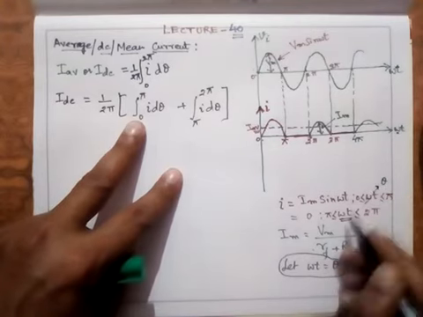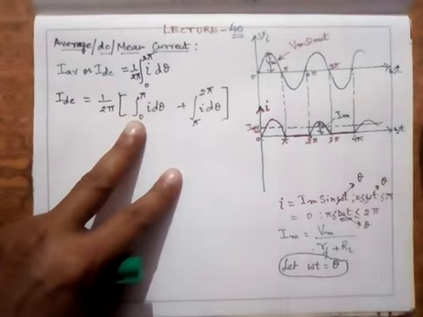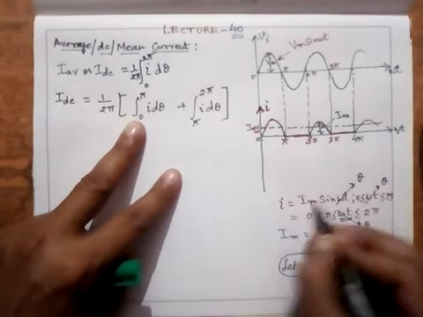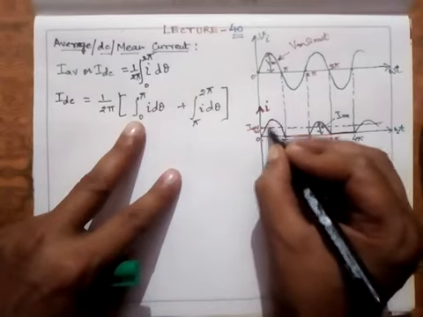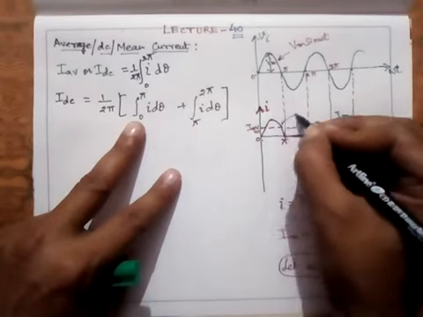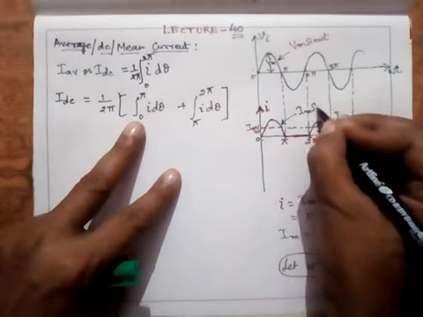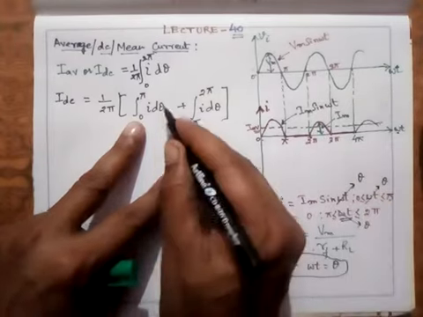So between 0 and pi, the instantaneous value is I m sine theta. I am writing omega t since I have written omega t here, so it is equal to I m sine theta.